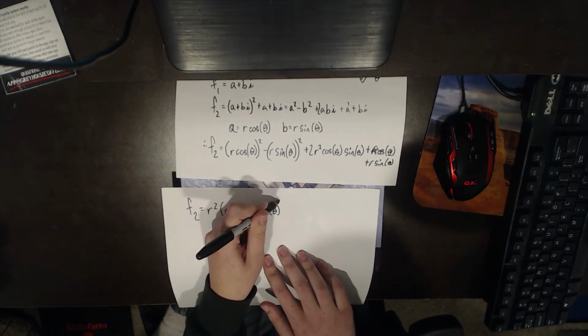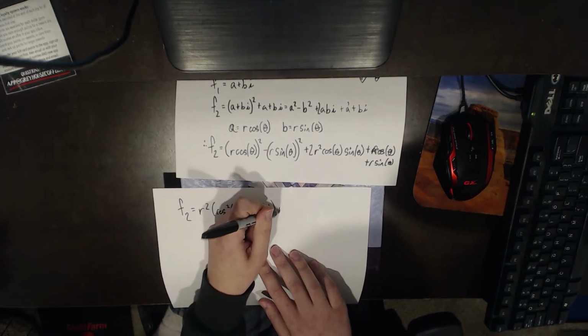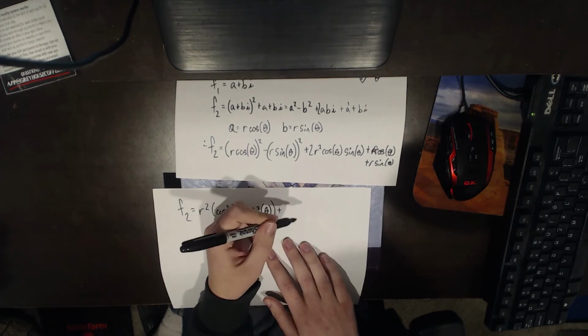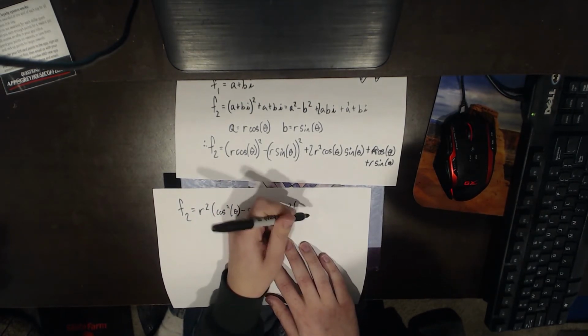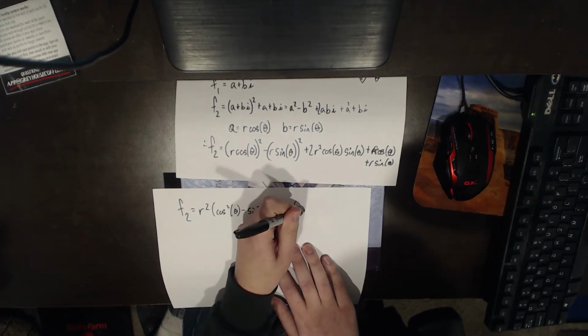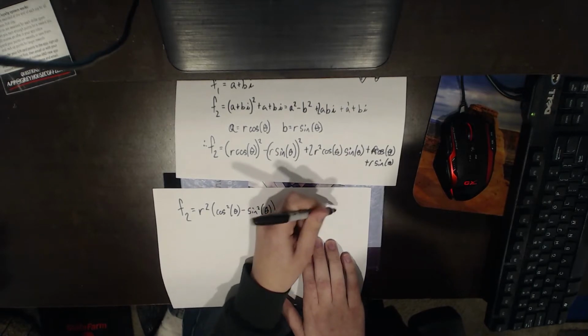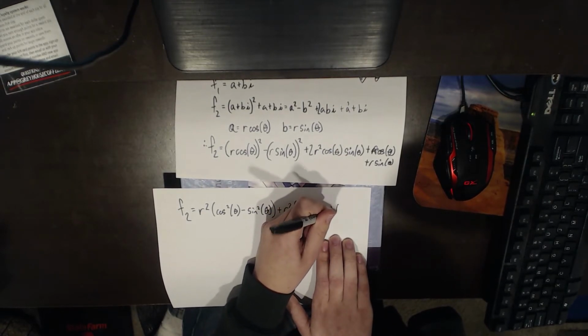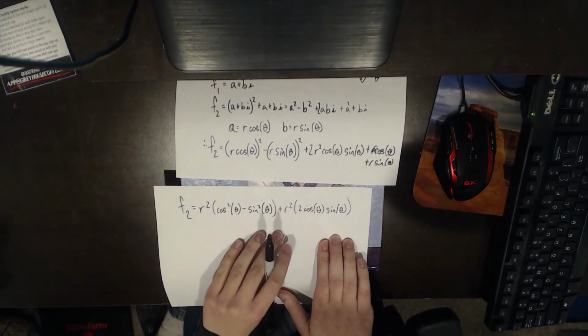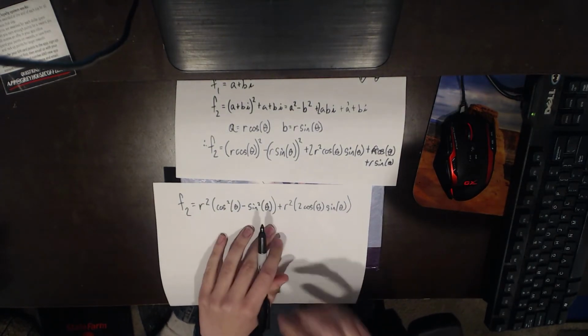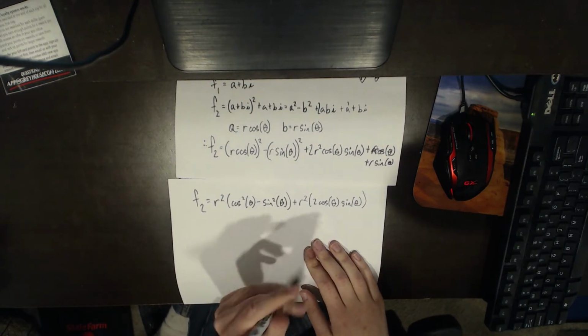But now we can group some terms together. You might think it's weird that I am grouping the things in this way. Why don't I just pull the r squared out of both of the terms? You'll see. You can pull the r squared through and still get the same thing, but it gets confusing.